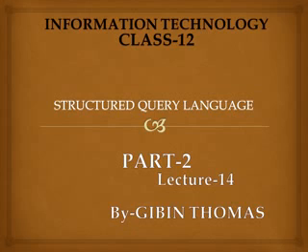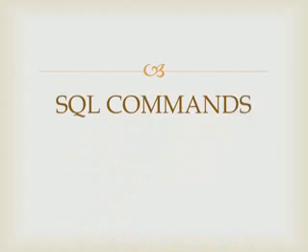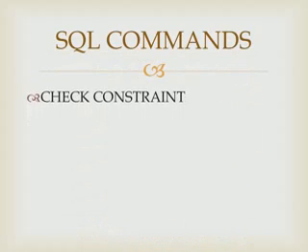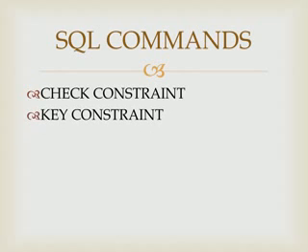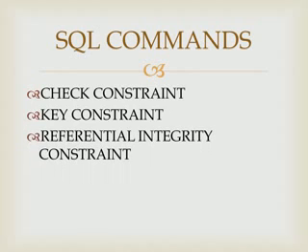In the previous lecture we covered two constraints, that is the not null constraint and the default constraint. In this lecture we will see the check constraint, the key constraint, and the referential integrity constraint.